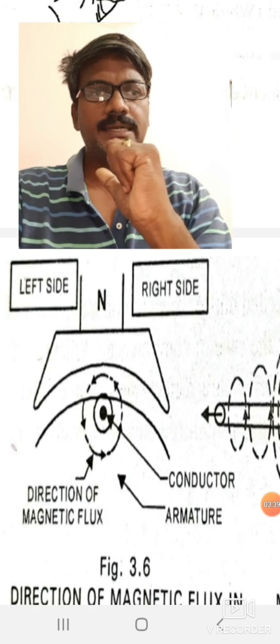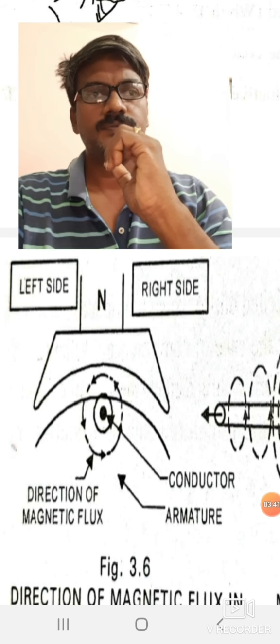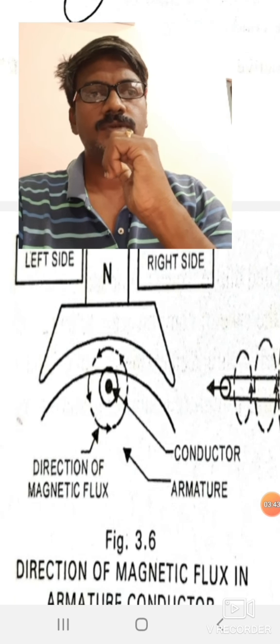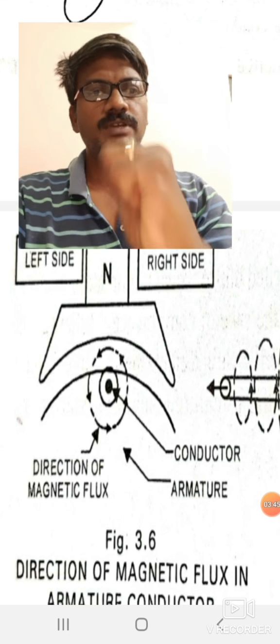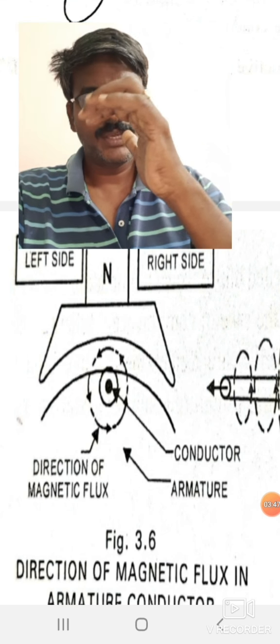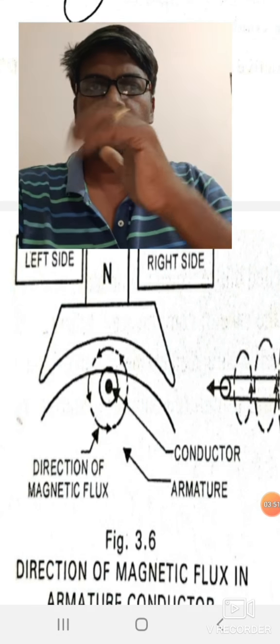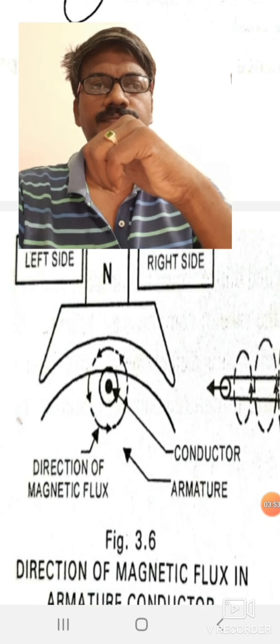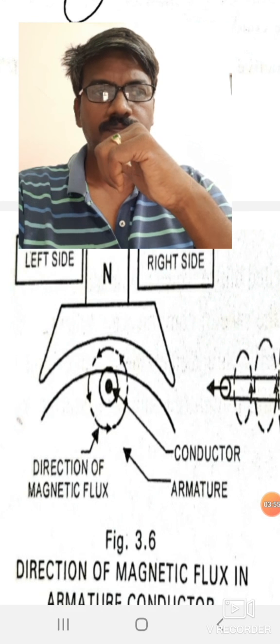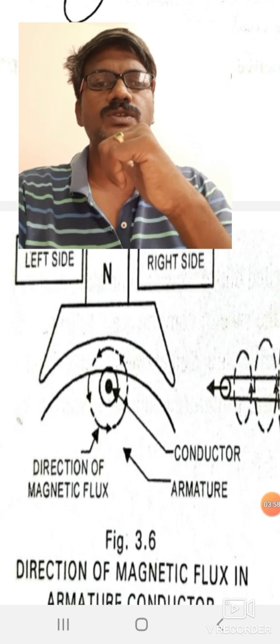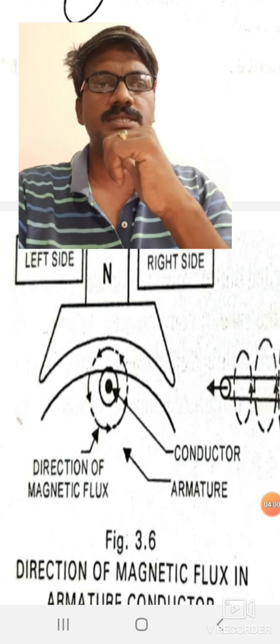By holding the conductor, as you can observe in the diagram, the thumb shows the direction of the current, and the remaining four fingers show the direction of the magnetic field or magnetic flux.